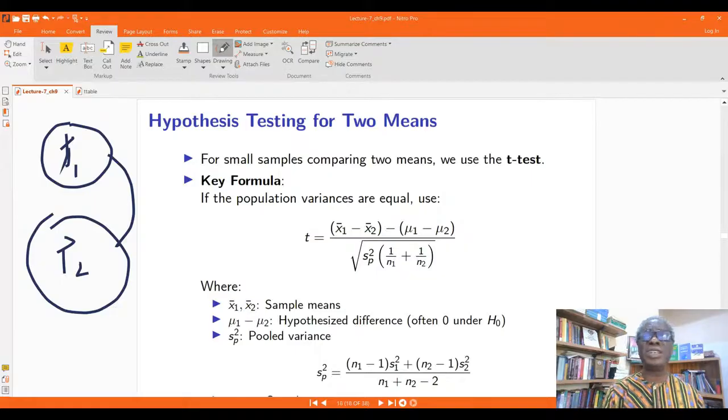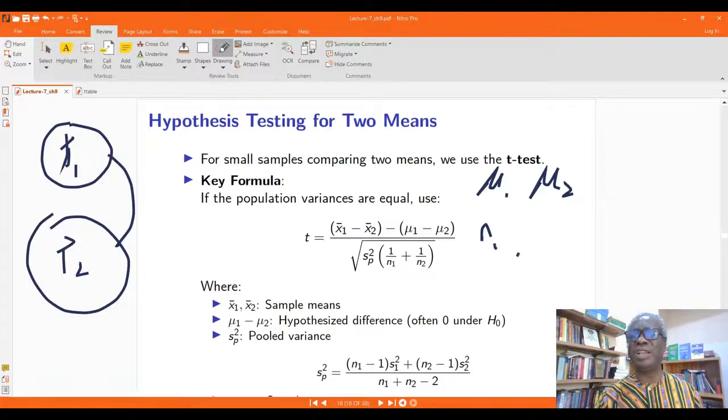So you have to take a sample. In population 1, of course, you have mean 1, and in population 2, you have mean 2. Again, you have to take samples. So you take a sample of N1 from population 1, and a sample of N2 from population 2.